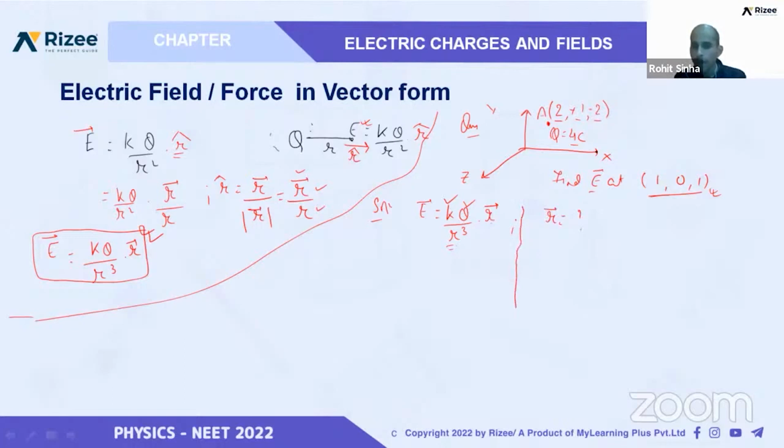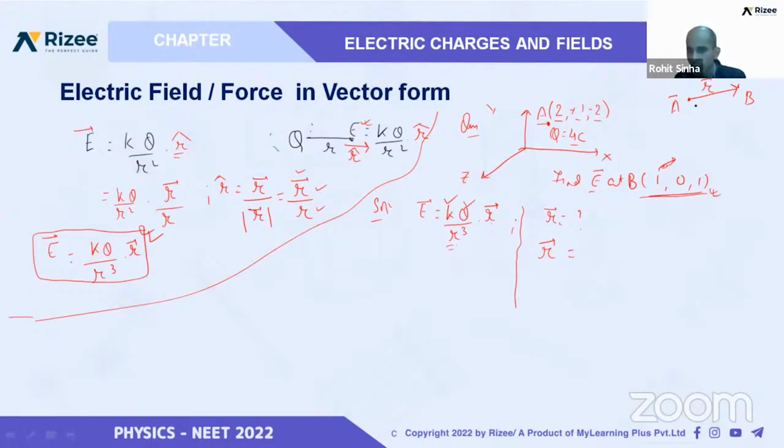To find r, we know there are two points, A, and the second point that is given. Let us suppose this point is B. We know that if two points A and B are given and we have to find the r vector, then r is equal to the position vector of B minus the position vector of A. We know this from class 11th.